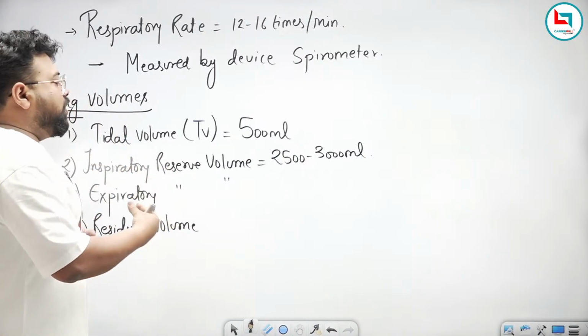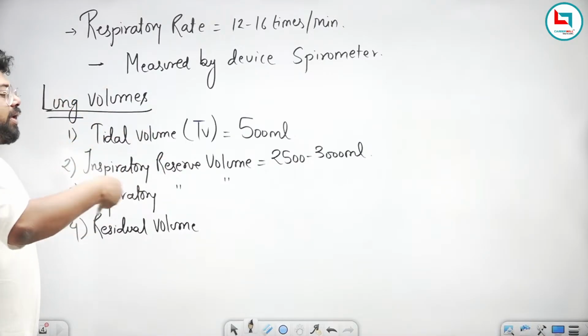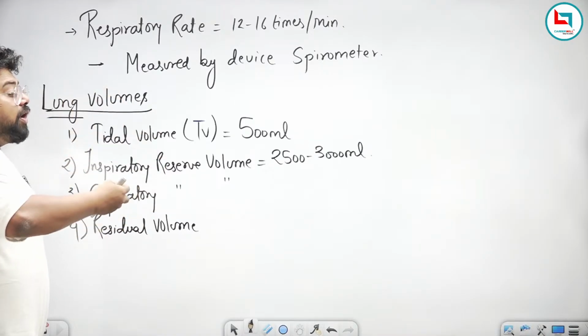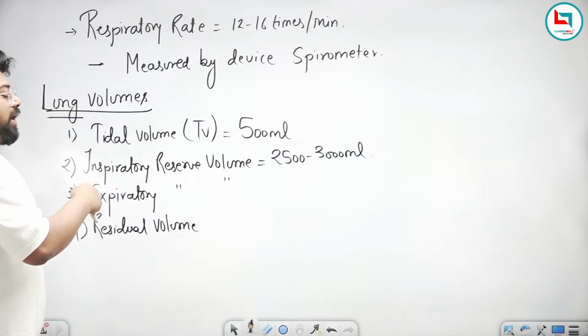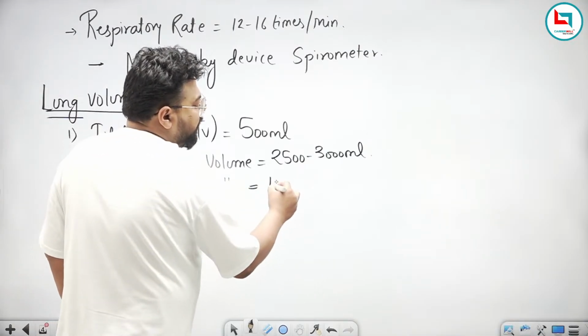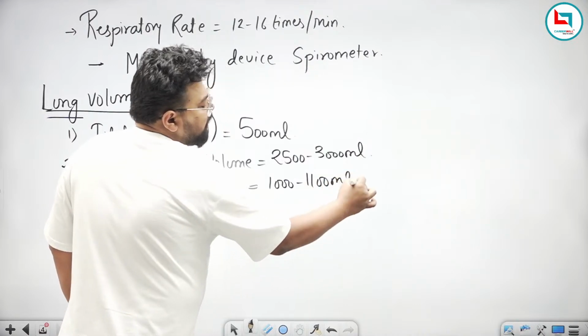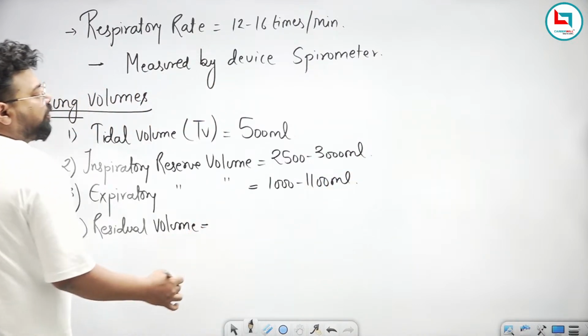This amount, which is reserved in the lungs and can only be removed through forceful exhalation, is known as expiratory reserve volume. This is 1000 to 1100 ml.